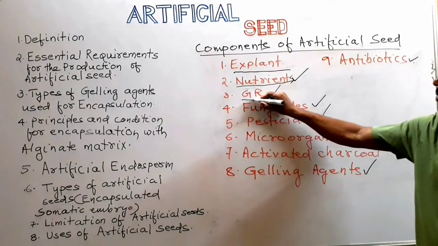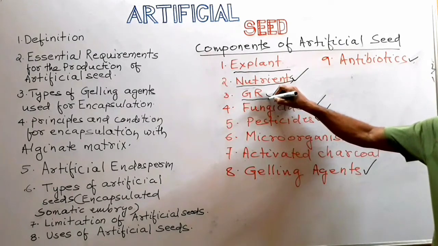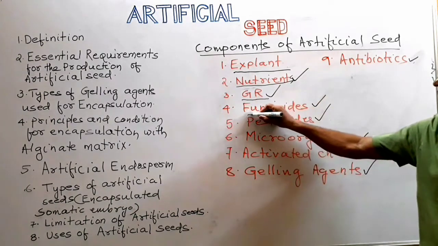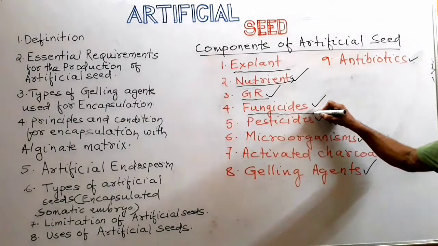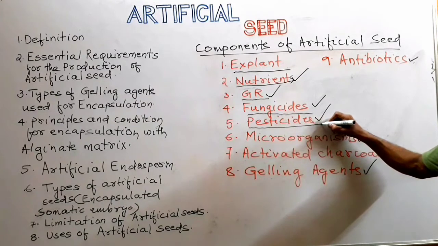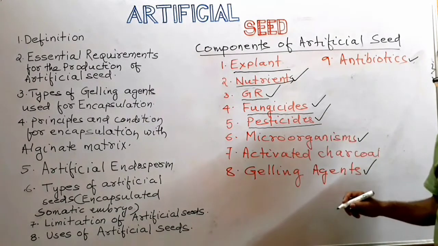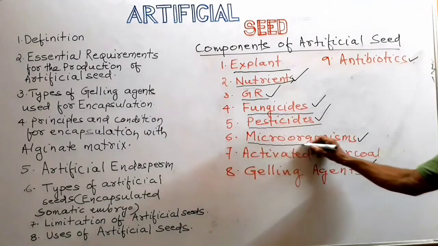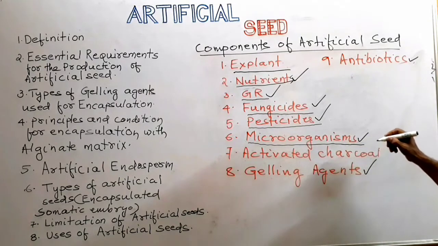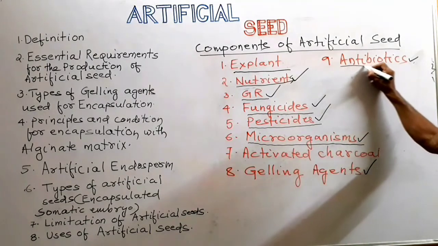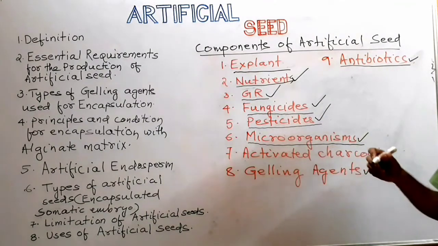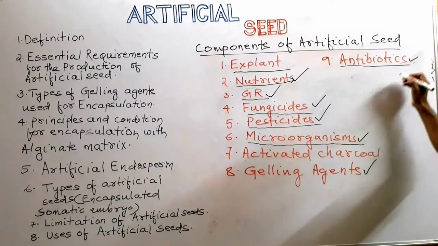Growth regulator include various phytohormones that promote the development of root and shoots. Next is fungicides. Fungicides prevent fungal contamination, and pesticides protect the artificial seed from different types of pests. Even microorganisms like rhizobia can also be incorporated into the artificial seed. Other component is antibiotics. Various antibiotics are also included in the encapsulation matrix to prevent microbial infection.